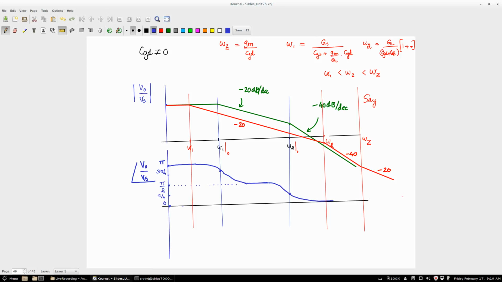Now let's go back here. I want to complete this, which is the phase response for the common source amplifier. Any hints as to what will happen? What is the phase going to be close to 0? It will be the same.